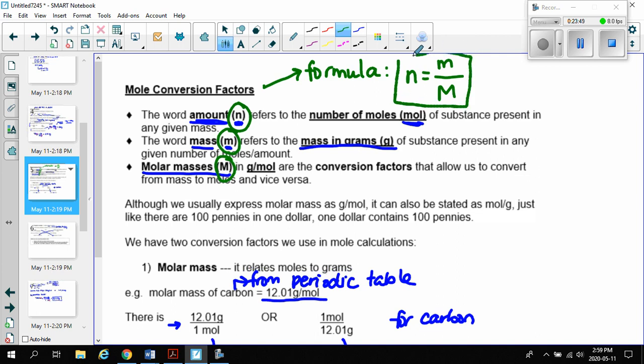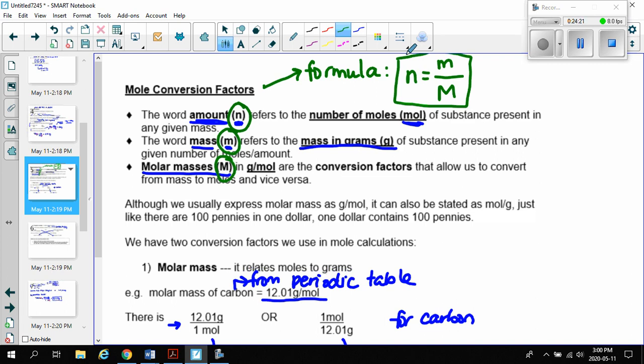This formula is in your data booklet. Let me just figure out where exactly it is. Hopefully I gave you that page. I did. It's underneath your solubility chart, on page 10 in your data booklet. You'll see below it says stoichiometry and solution formulas, and it says N equals lowercase m divided by uppercase M. If you look over to the right, it gives you what N, lowercase m, and capital M actually represent.